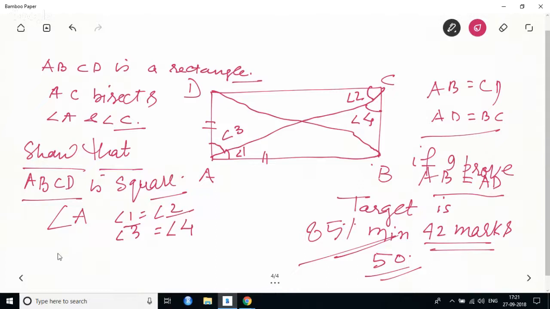Now try to understand, guys. Angle 1 plus, one second, what I have to prove? I have to prove that, so look at here. Can I somehow prove that this angle and this angle are equal?